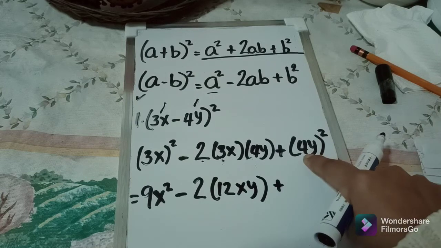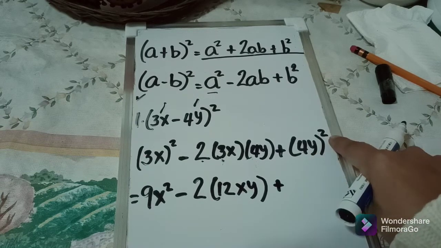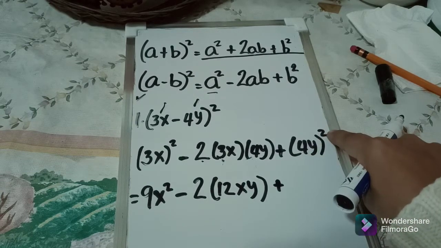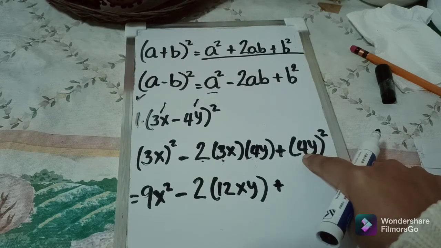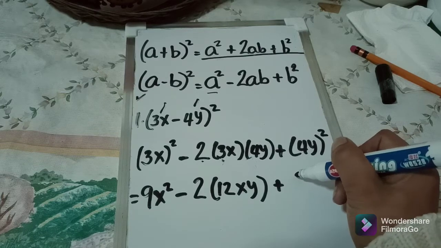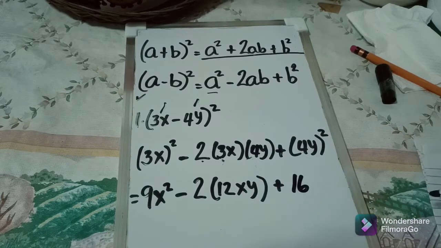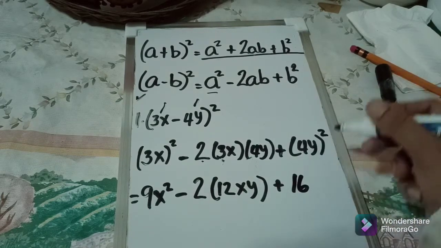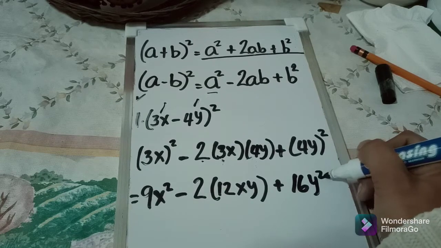Plus, 4y squared: the 4 multiplies by itself, 4 times 4 is 16, and then y squared.